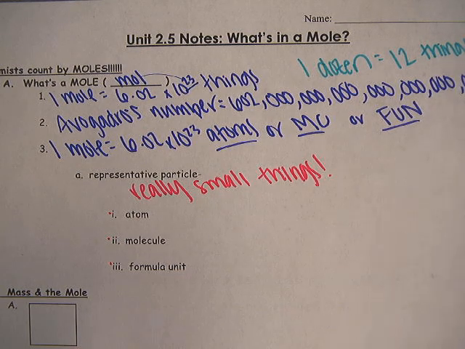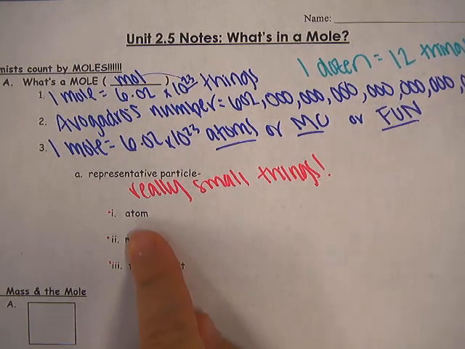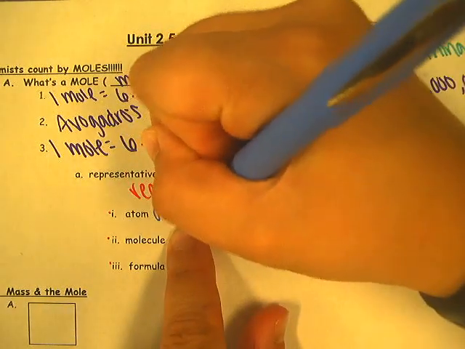So an atom, and this is kind of something that we wrote on our periodic tables when we first got them, but we wrote it sort of out of context where you didn't know what it was. So an atom is just talking about any single element from your periodic table.